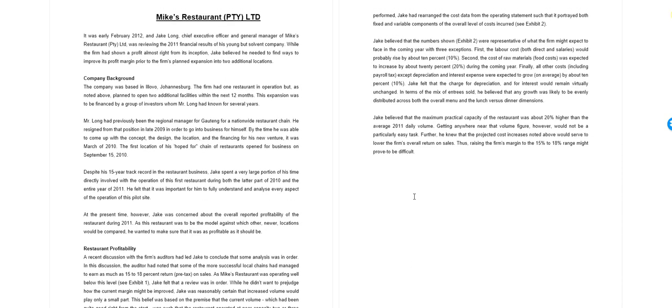There are some discussions here about how they want to manage these chains and future restaurants. But Jake really starts with the challenge of wanting to determine the break-even point for the business, both under the current operating conditions and under some assumptions and changes that might take place in the future. We're going to help him with those calculations, taking into account variable and fixed costs.